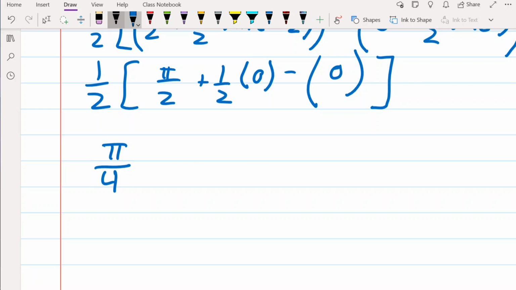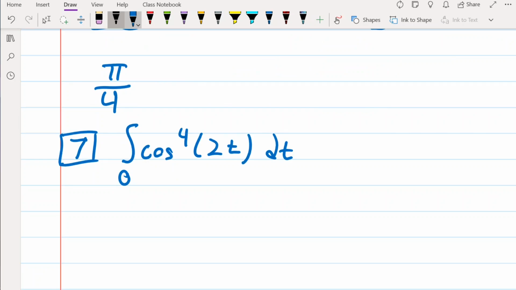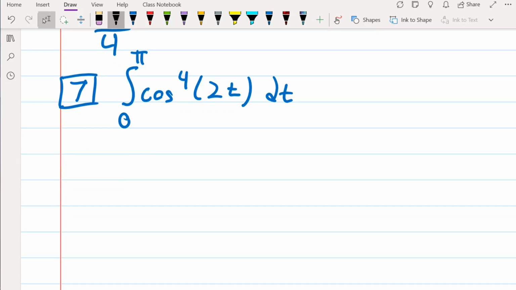Okay, and from here we will move on to number 7, which is cosine to the fourth of 2t dt, and the integral is from 0 to pi. All right, from this, we know that cosine to the fourth power is just cosine squared squared.